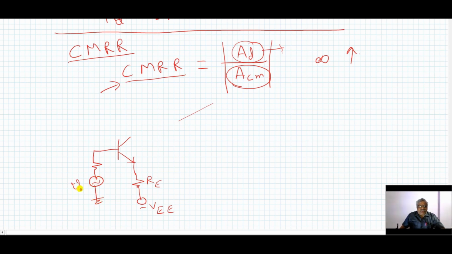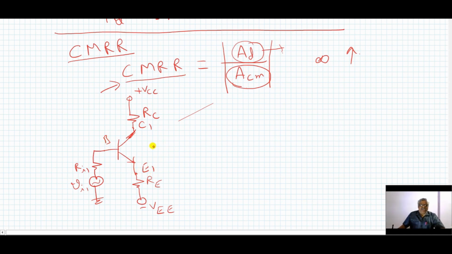This is Vi1, this is Ri1, and here plus VCC, and this is our RC. Let this be the C1 terminal, this the B1 terminal, and this the E1 terminal.